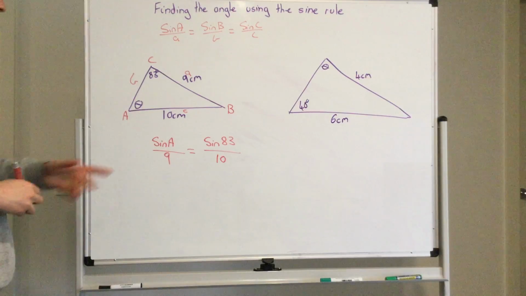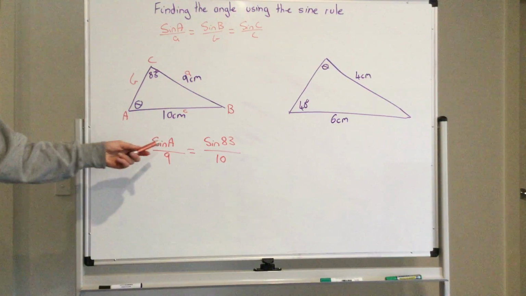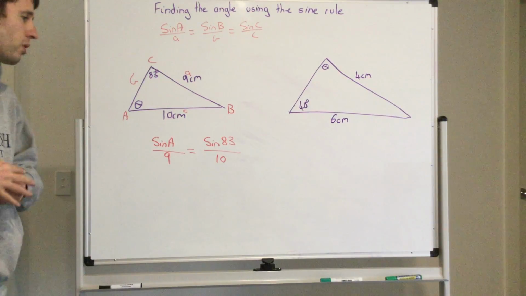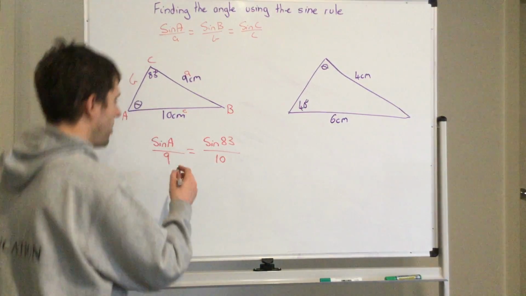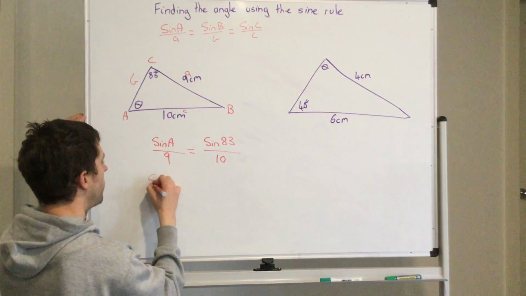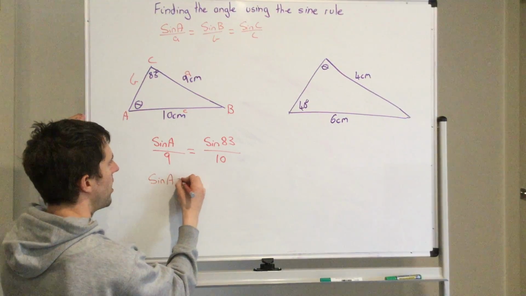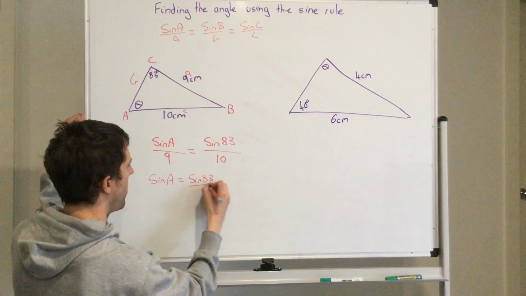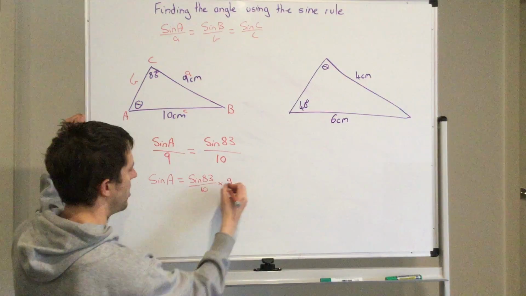Now, to find this out, I'm going to want to get A by itself. So the first thing I'm going to be doing is multiplying both sides by 9. So sine A equals sine 83 divided by 10 times 9.